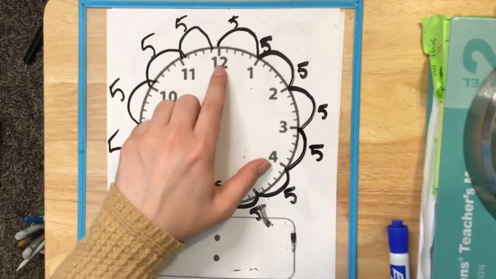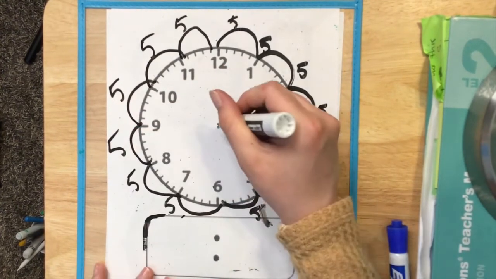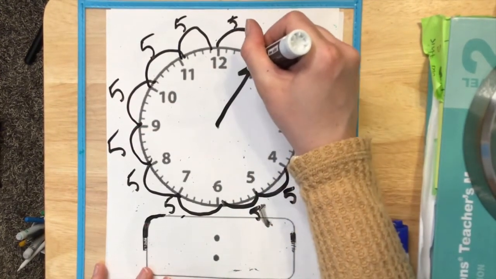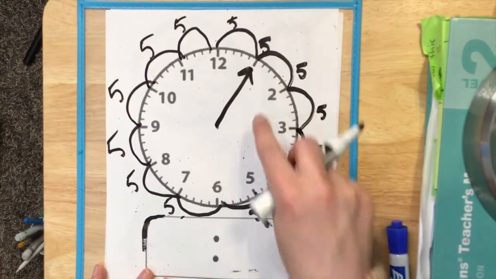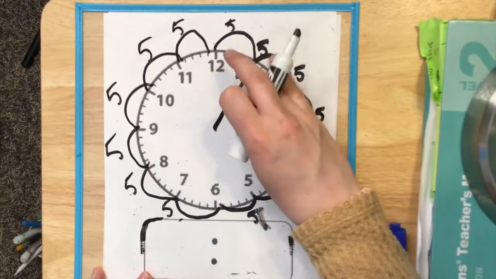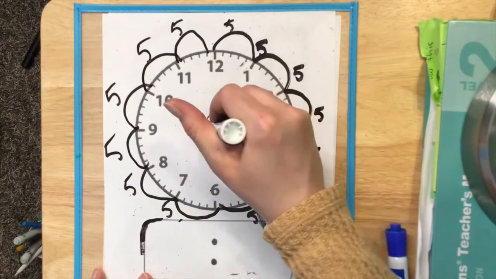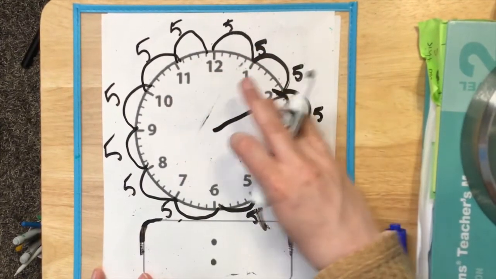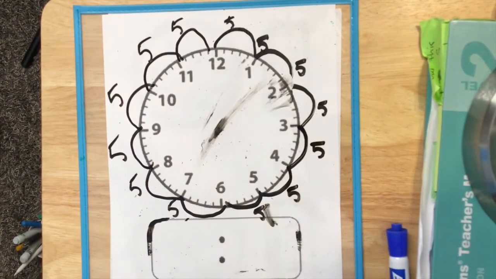So if the long hand was pointed towards the 1, it wouldn't be 1 minute, it would be 5 minutes. If that long hand was pointed towards the 10, it would be 50 minutes. So that's just important to know a little bit before we get started.